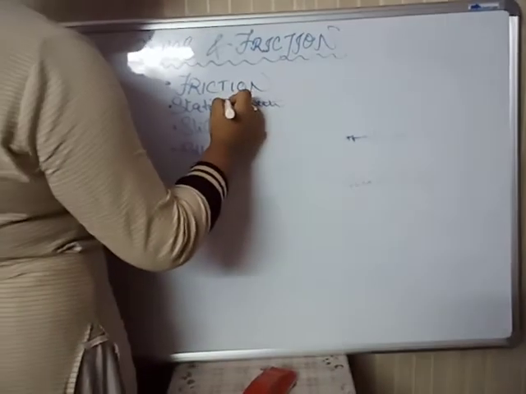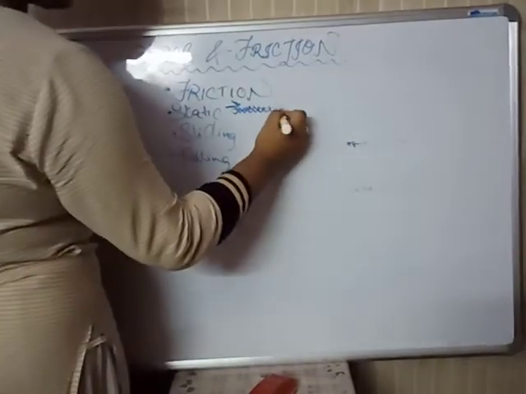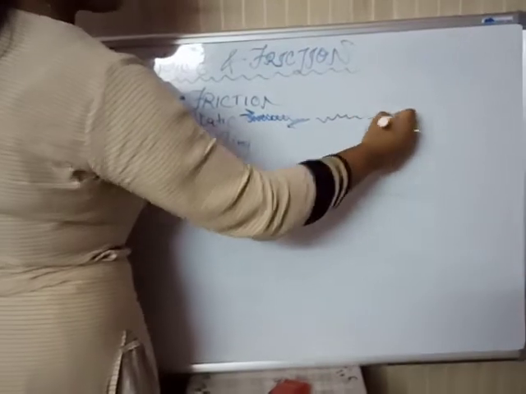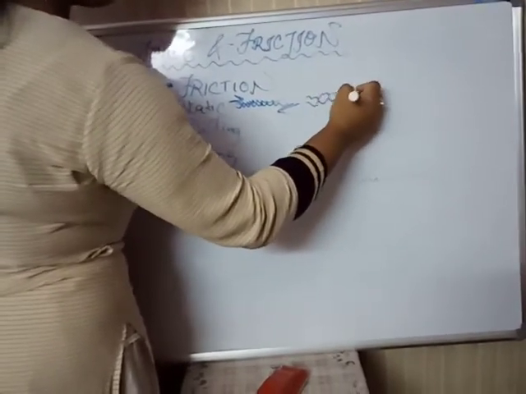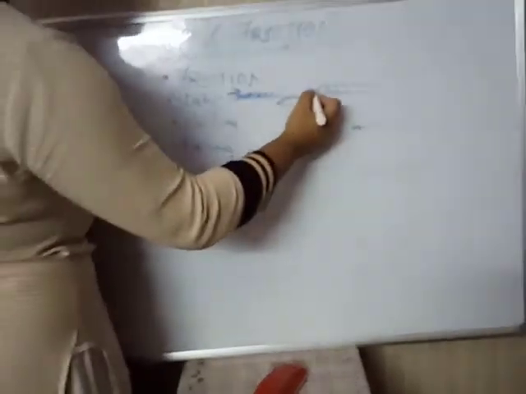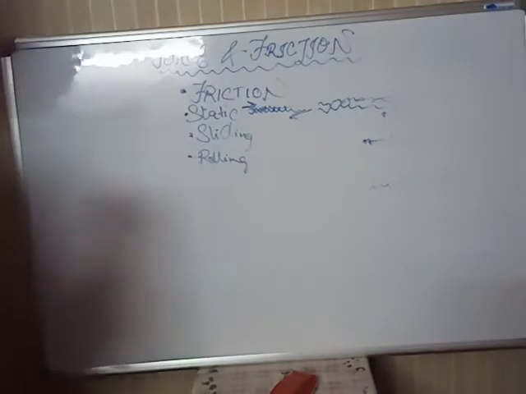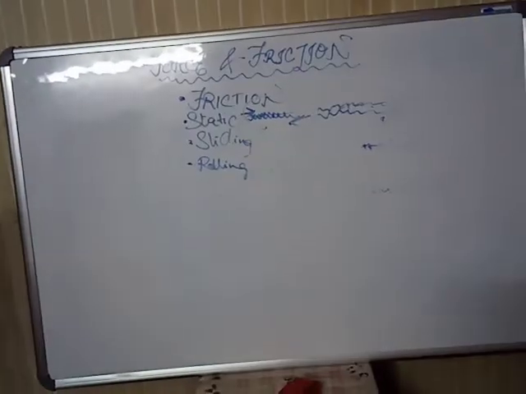The force that we apply is high, so the friction given by the floor will also be high. Then if the machine is in movement, this is the floor, this is the machine. They have interlocking, but it is not so much because the machine is in movement. The friction will not be as high as this one. This is known as static friction.